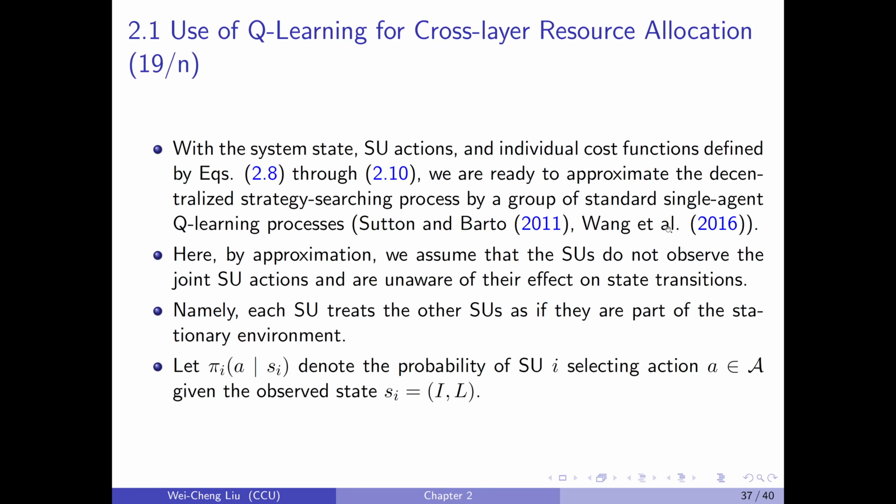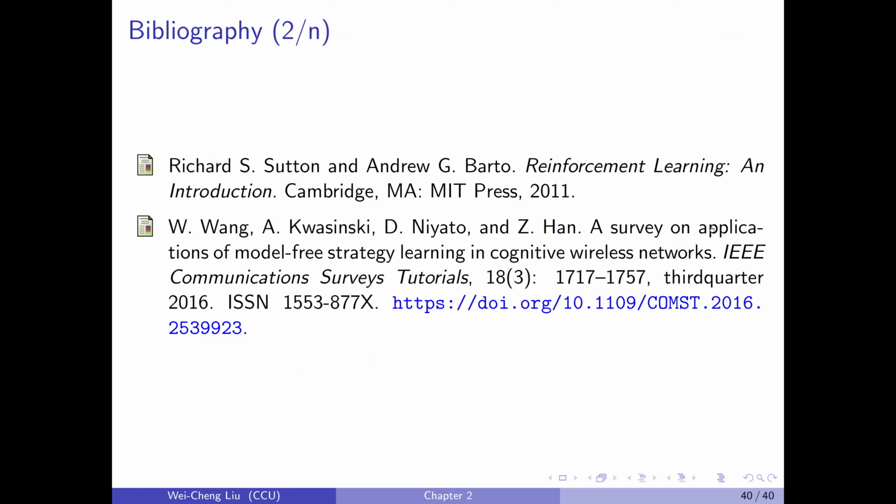And Wang et al. in 2016. Okay, we can see that W. Wang, A. Kwasinski, D. Niyato, and Zhu Han have written a paper, A Survey on Applications of Model-Free Strategy Learning in Cognitive Wireless Networks, which is published in IEEE Communications Surveys & Tutorials.